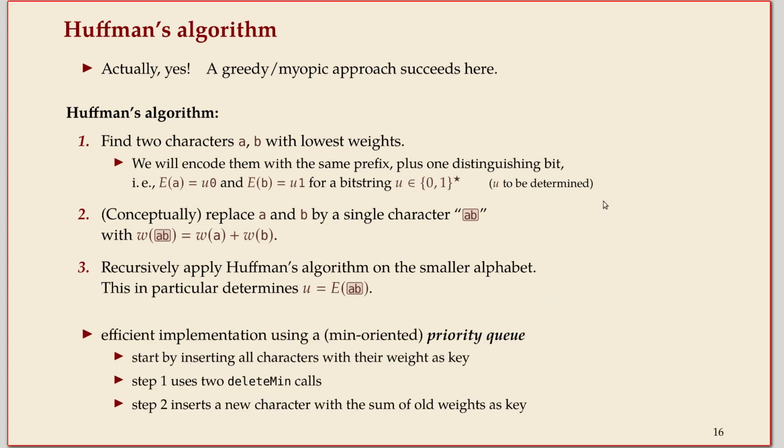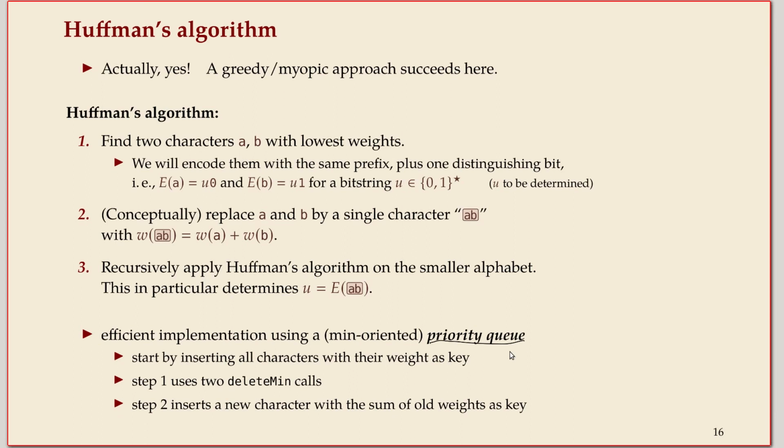This is a nice conceptual description. If you think about what's really going on here, you can implement the same algorithm efficiently using a priority queue, one of those abstract data types back from Unit 2, where we had, for example, binary heaps as an implementation. So this is an application of the data structure that we covered there.